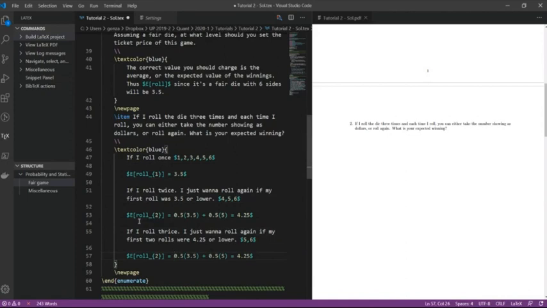So again, what is the probability that I roll something that's below 4.25? So think of it in parts. What is the probability of getting any of the numbers in a die?